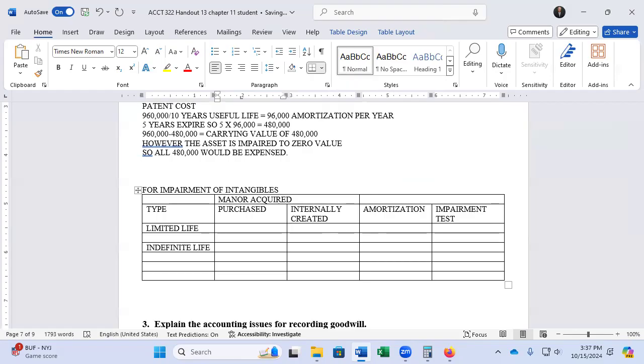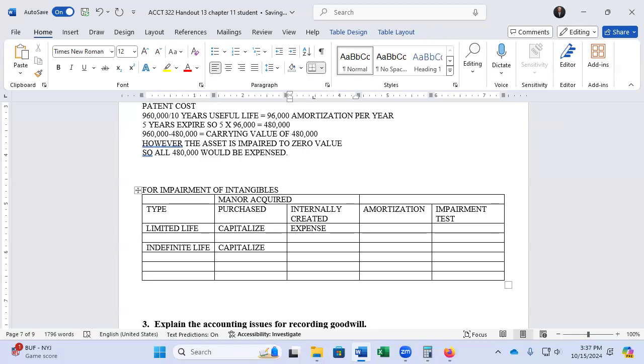This is kind of a good summary, okay? Depending on how you acquired it, if you purchased it, you capitalize. On an indefinite life, if you purchase it, you capitalize. If it's internally created, you expense, or expense, the new fragrance for young people.